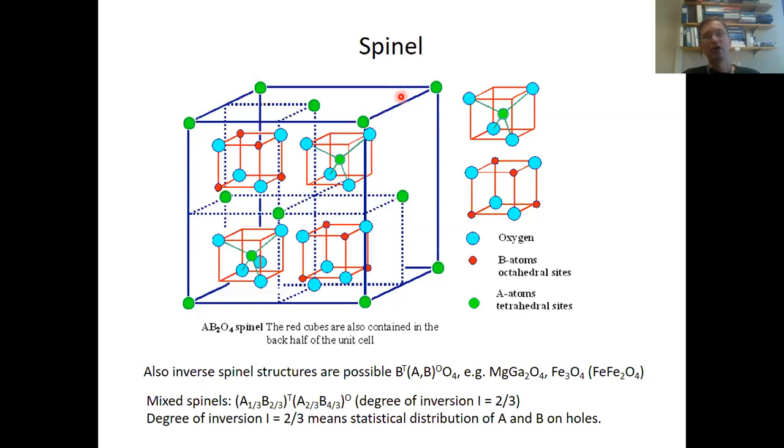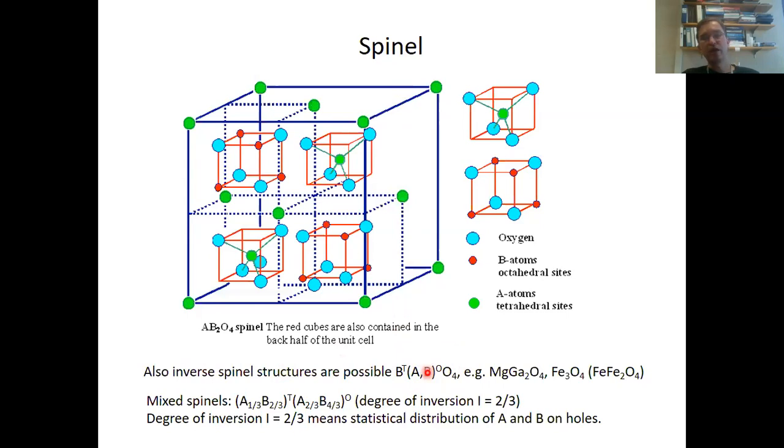Okay, so now in addition to regular spinels, we have also something which is called the inverse spinel. Okay, and in the inverse spinel, we would have our B atoms on the tetrahedral holes. So now our B atoms have actually a higher preference for the tetrahedral holes than to the octahedral holes.